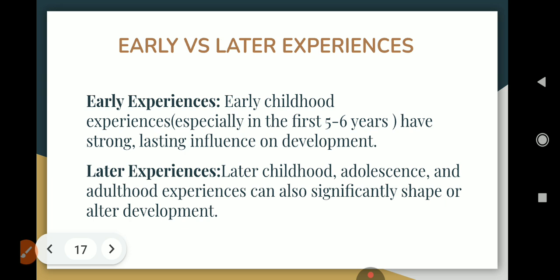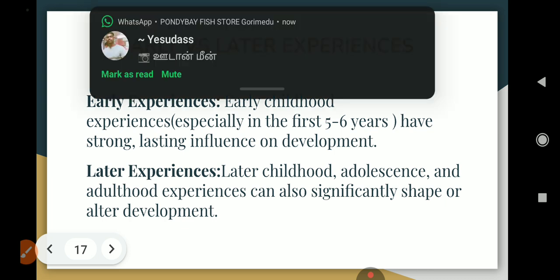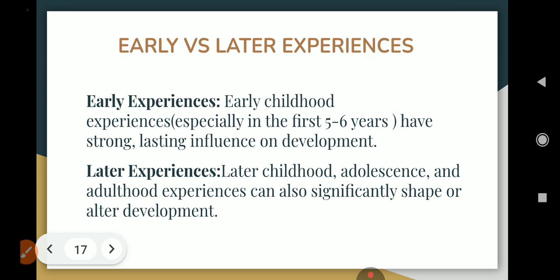On the other hand, if you take a child who has always been afraid of something, who has always experienced neglect, that child will turn out to be a more insecure and anxiety filled child.